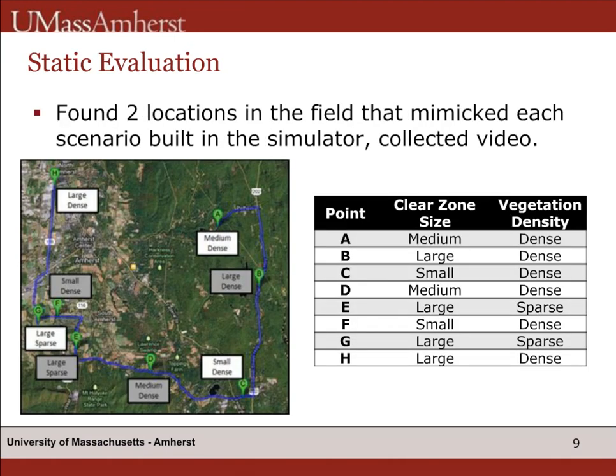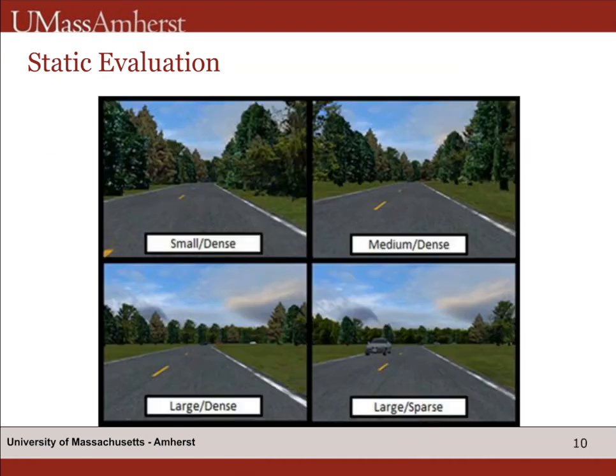The first one was a static evaluation. We collected videos from the driver's perspective at 8 locations around Amherst. These 8 locations had varying clear zone size and vegetation densities. We also collected videos from some simulator scenarios that we built with the same roadside configurations.